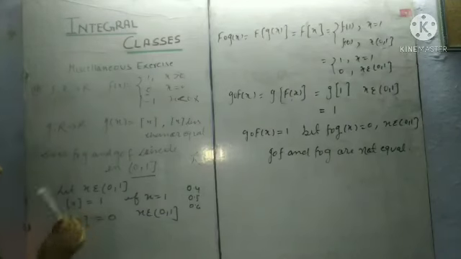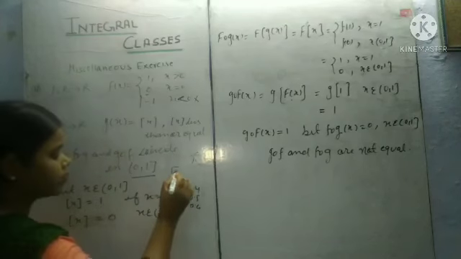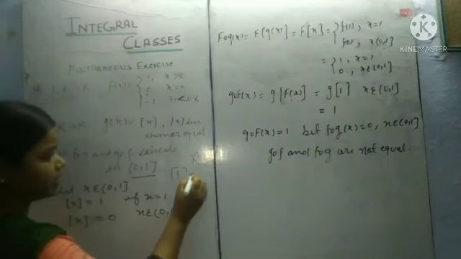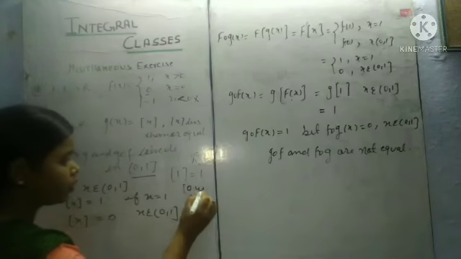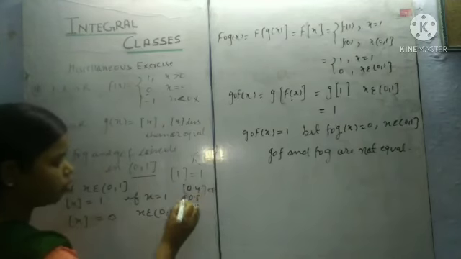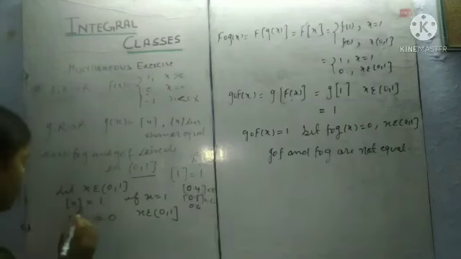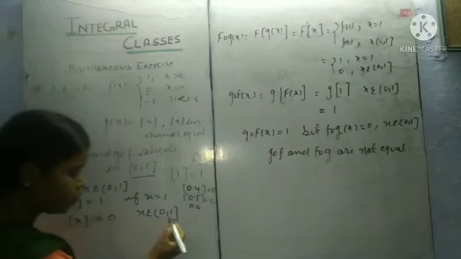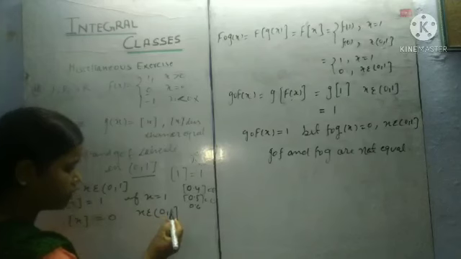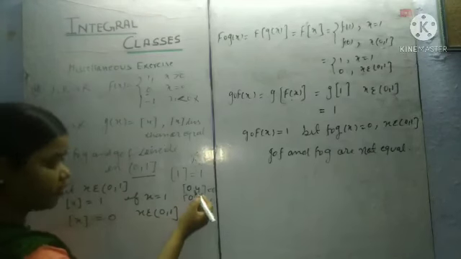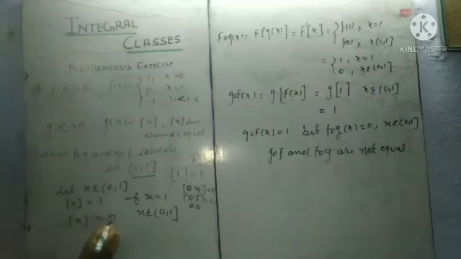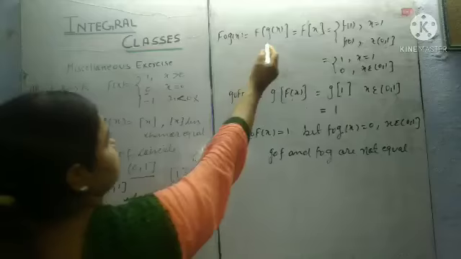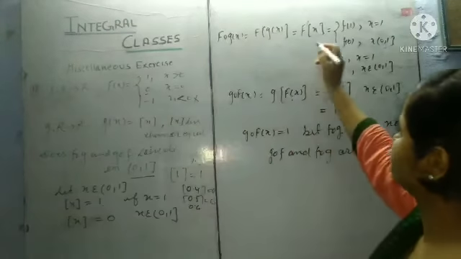Suppose we put the value x = 1, then it always gives 1. But if we put 0.4, it gives 0, and 0.5 also gives 0. So the value of x belongs to 0 to 1, and these values 0.5, 0.6 belong to this interval, so we always get 0. Now student, first we will find fog, f of g(x). g(x) is equal to what? The greatest integer function.